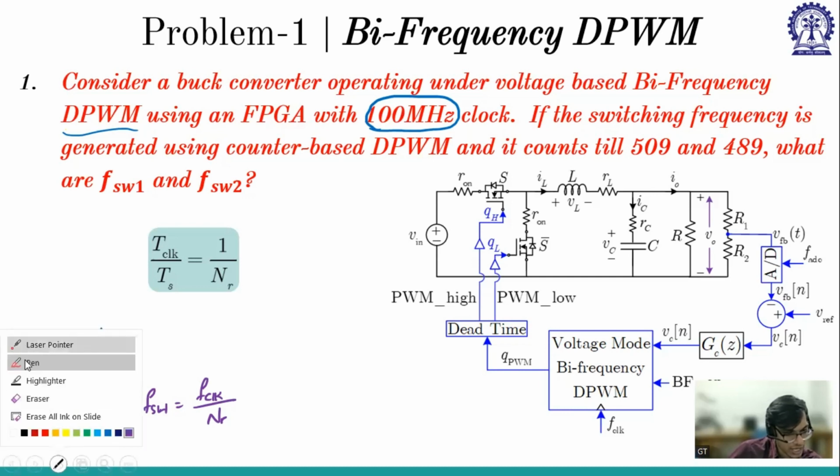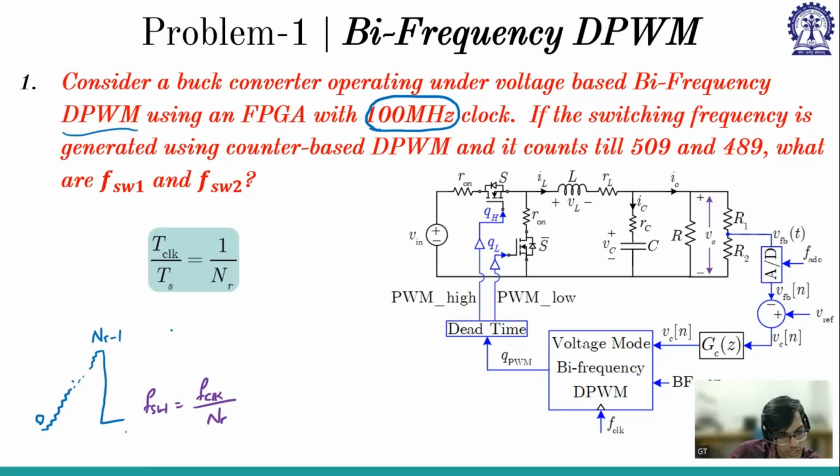Now, what they are asking is what are FSW1 and FSW2. So FSW1 is 100 megahertz by, what is NR? Can anyone say? 509. Yes, but NR minus 1 is 509, so NR is 510 because we are counting from 0.